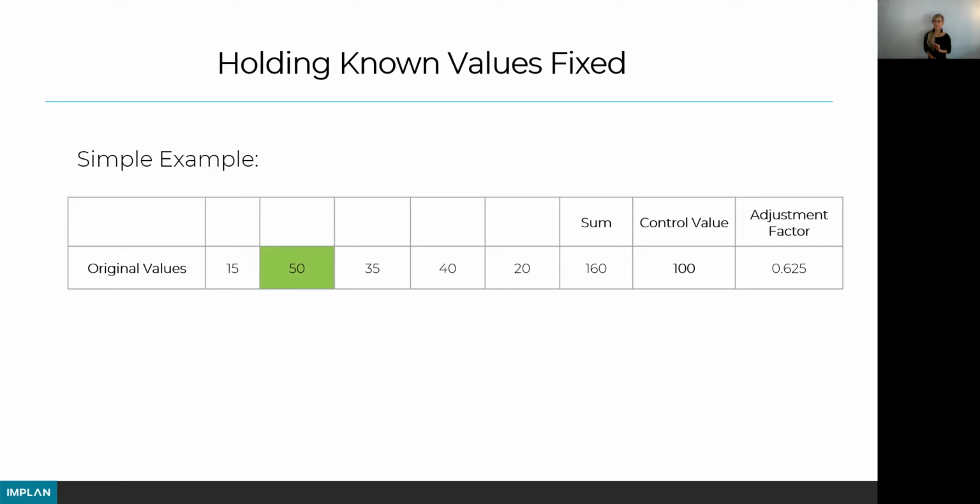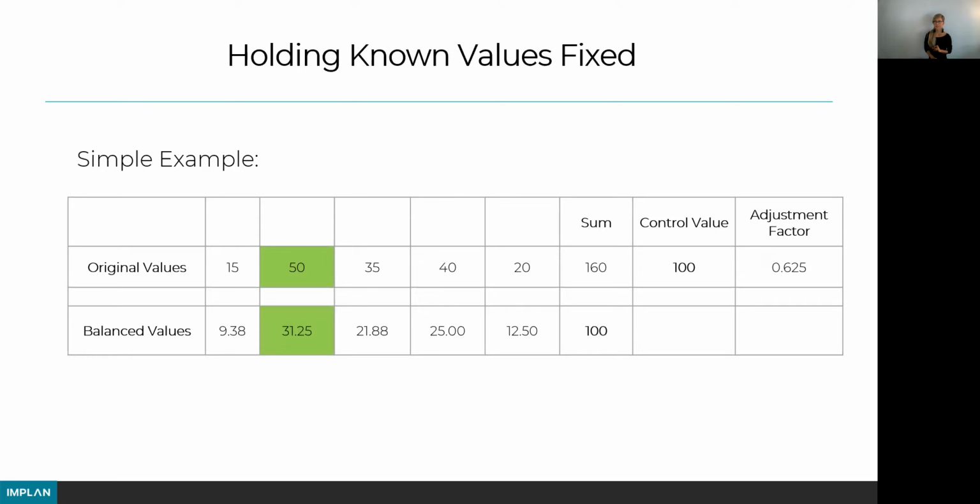Well, if we just divide our control value by our current sum, then our adjustment factor is 0.625. And if we multiply all of these values by 0.625, we're sure enough going to get a row that sums to 100. That seems great, but look what happened.